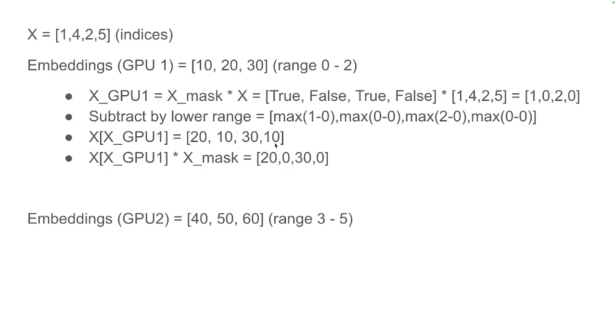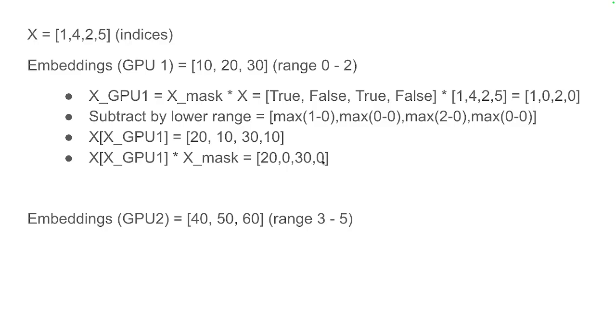Now you get this 20, 10, 30, 10 matrix. But remember, the false entries were the indices that lay outside the range. So we multiply this matrix with the mask that we generated here, and these entries will be zeroed out. Hence you just get 20, 0, 30, and 0.